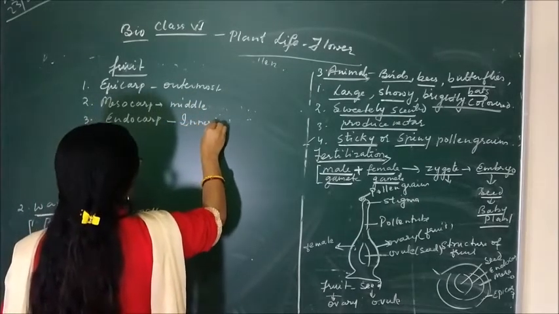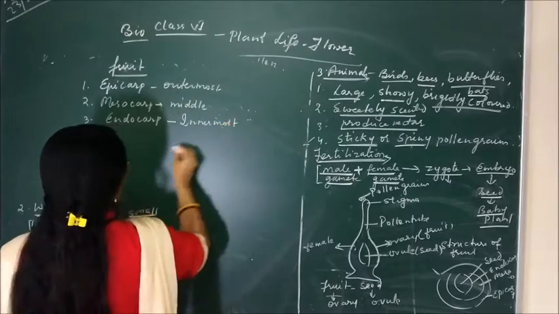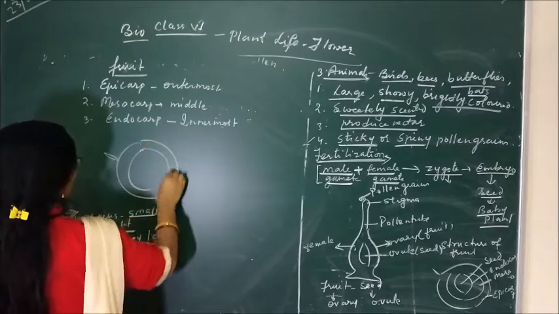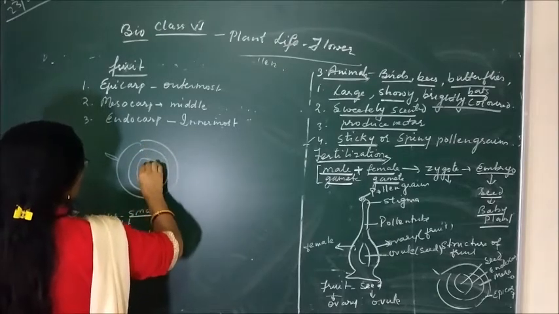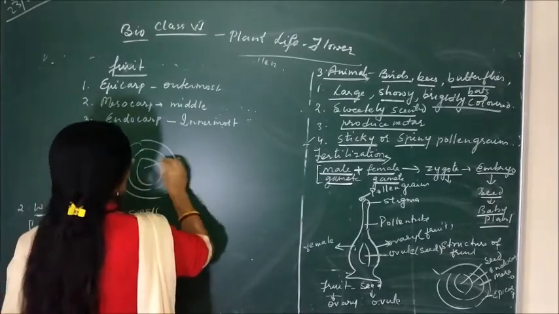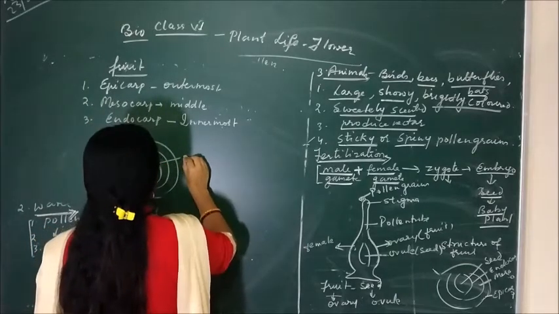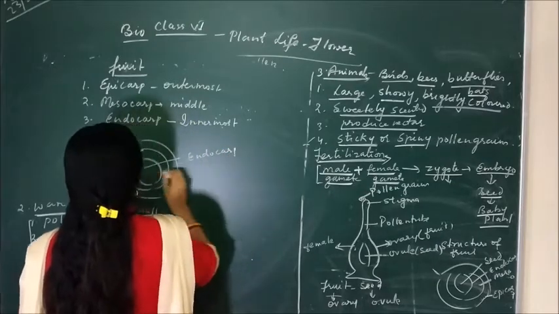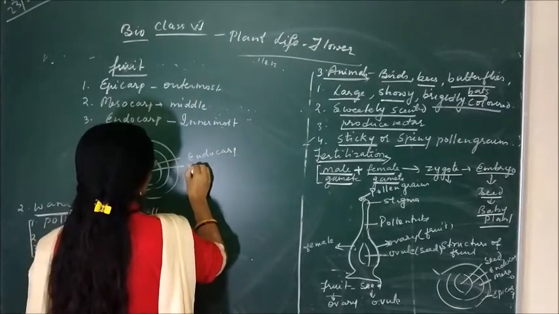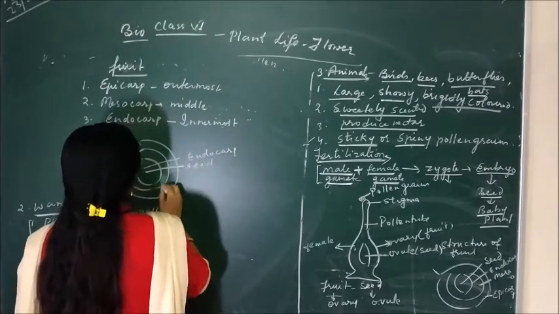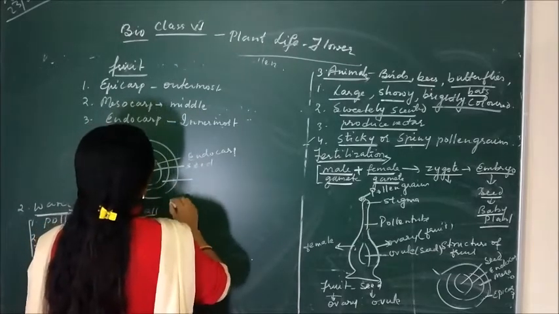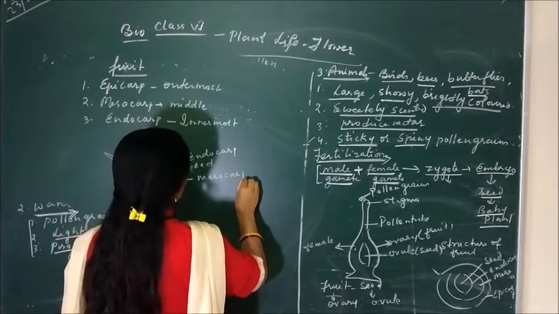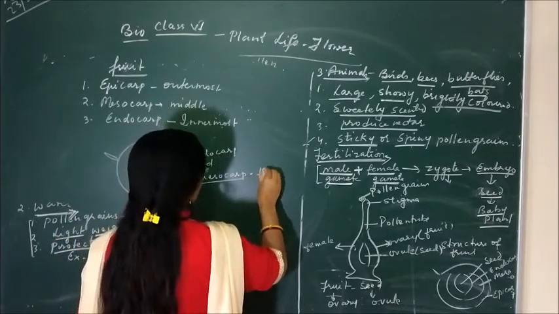If we draw the structure of a simple fruit, then we can categorize it into three layers. The innermost is called the endocarp, and in the endocarp the seed is present. The second layer, the middle layer, is called the mesocarp, and the mesocarp is the pulpy and fleshy layer.